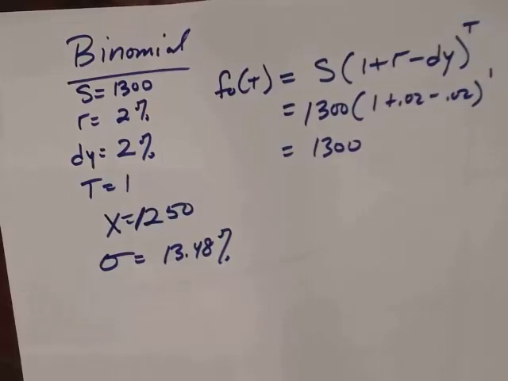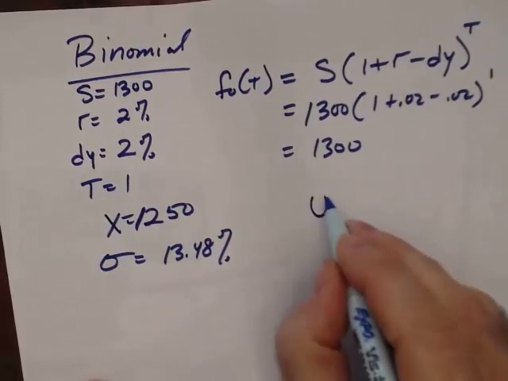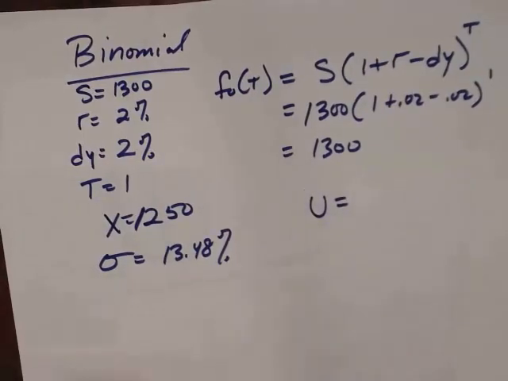What we're going to do, and what the literature does, is forget trying to model the actual underlying spot price. Let's just model the futures price. And the futures price will go up, it'll go down like we saw before. So a couple more things before we get there: let's figure out U and D and the probability of going up and down, and then we'll move into the tree.